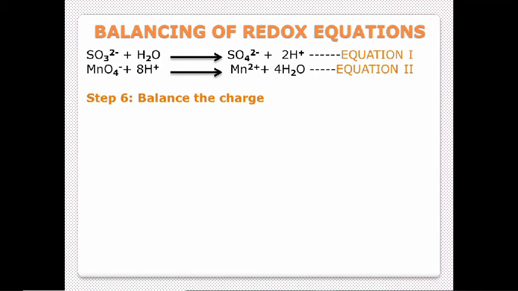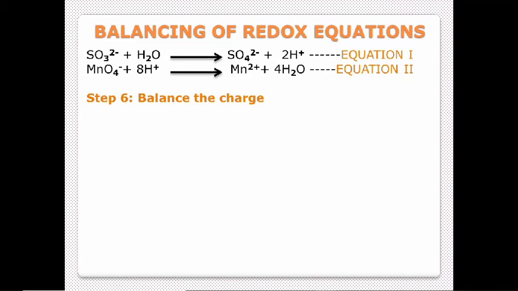Here we have 1 molecule of sulfite ion. That will be 1 times 2 minus plus 0, because the water molecule has no charge, so it's just 0. That gives minus 2 on the reactant side of equation 1.